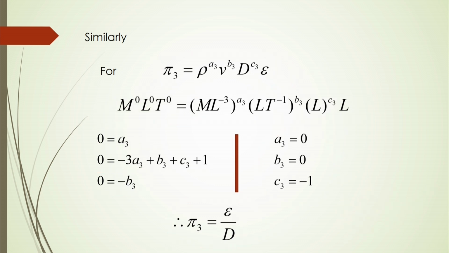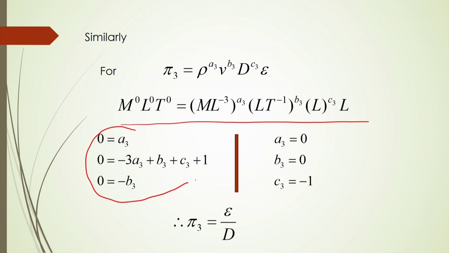In a similar manner you can obtain phi 3 as rho to the power a3, V to the power b3, d to the power c3 and epsilon, and after substitution of these dimensions you get the respective equations, and after solution you get a3 equals 0, b3 equals 0 and c3 equals minus 1.